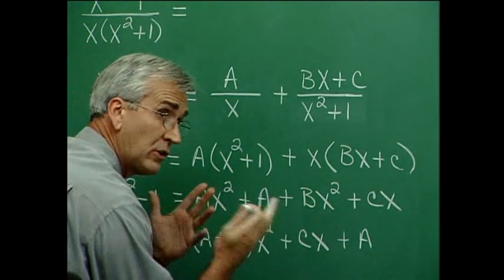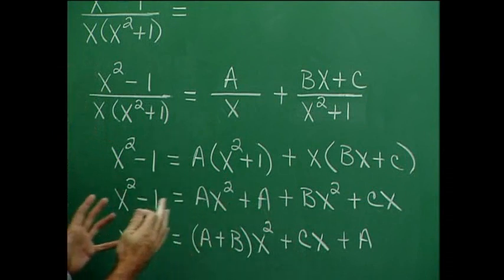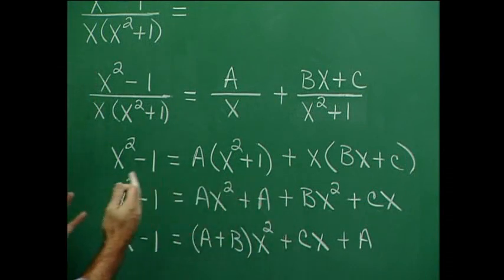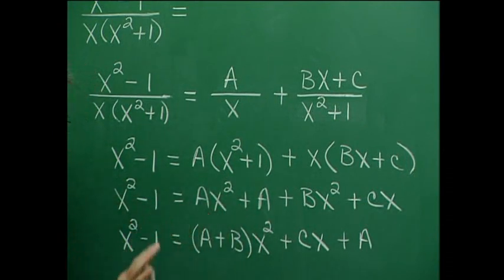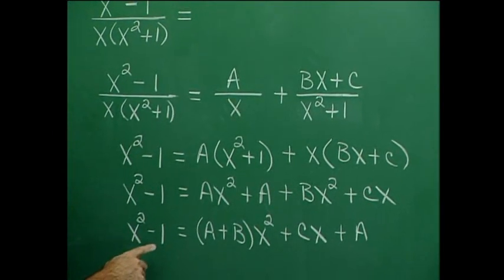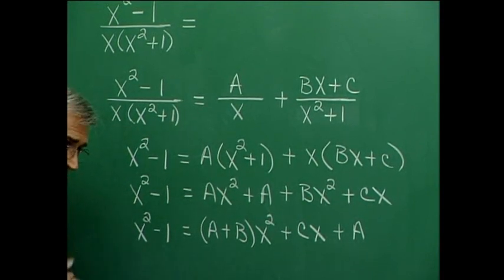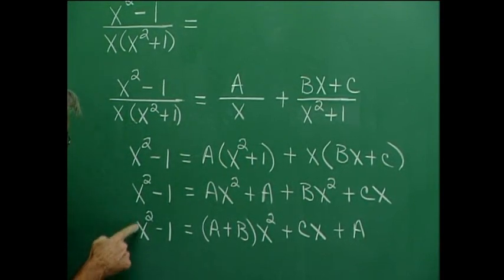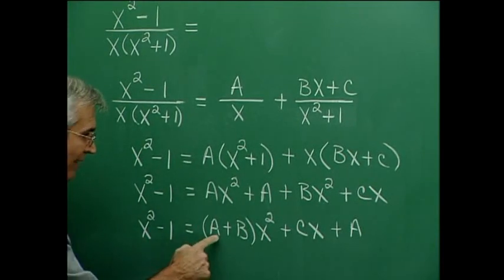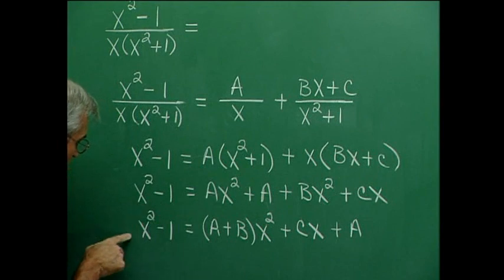All right, now what we do from here is we compare the polynomials on both sides of the equation. This equation is supposed to be equal, so does it make sense that the coefficients on same degreed terms should be the same? That is, we have 1x squared here, and we have a plus b times x squared here. Does it make sense that a plus b should be equal to 1?